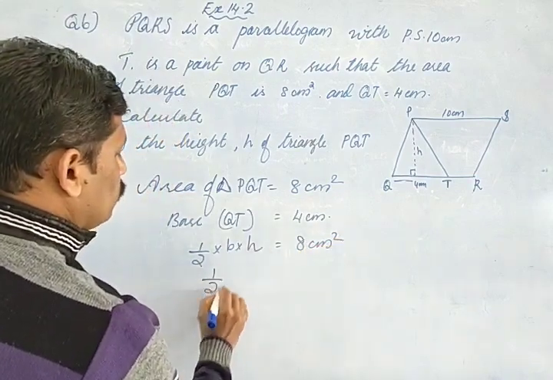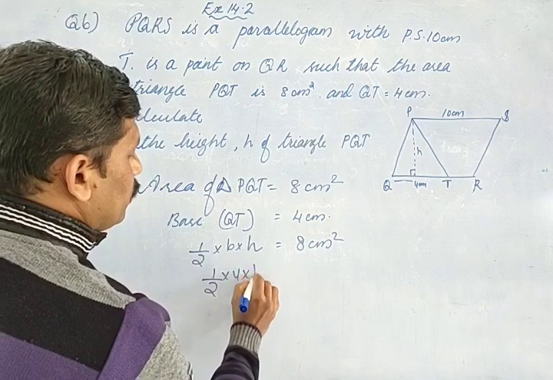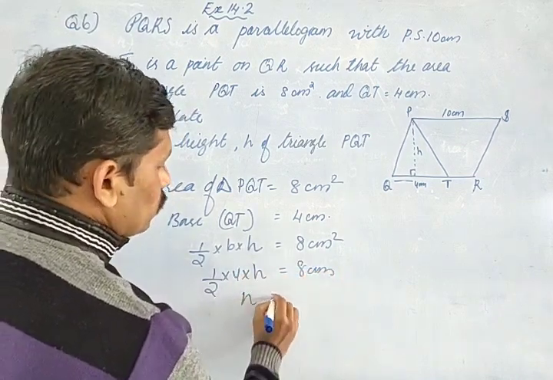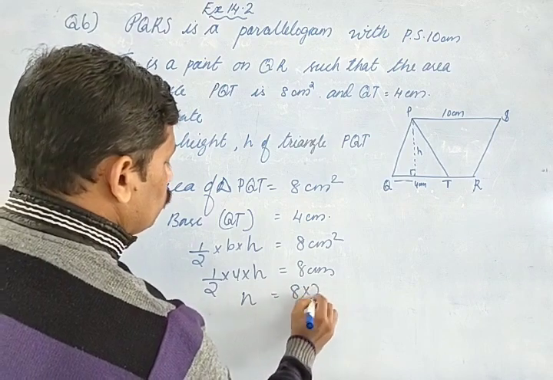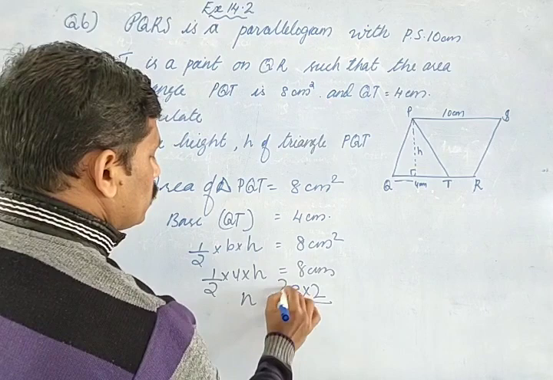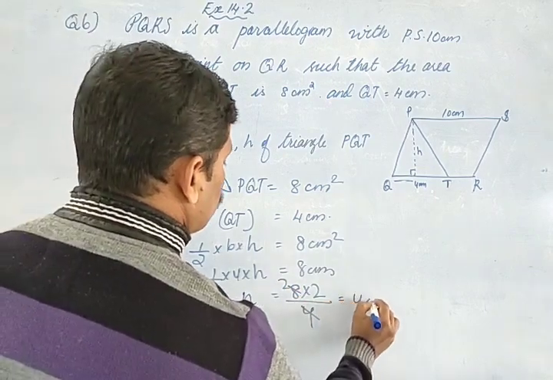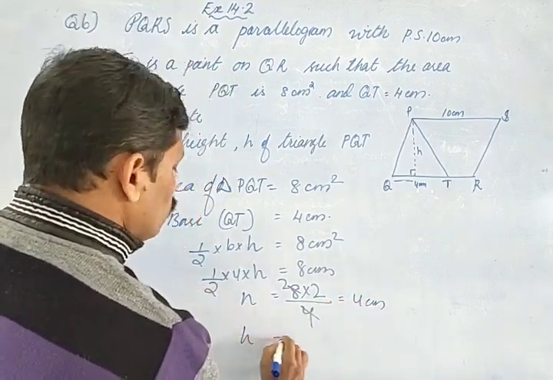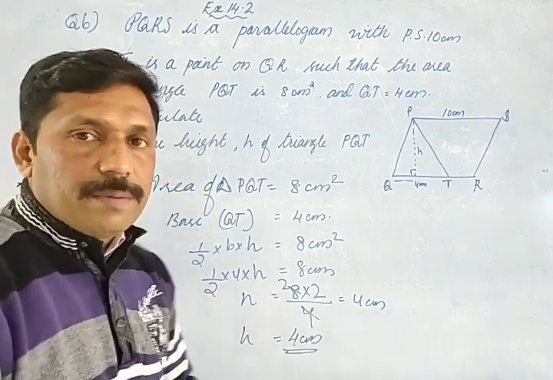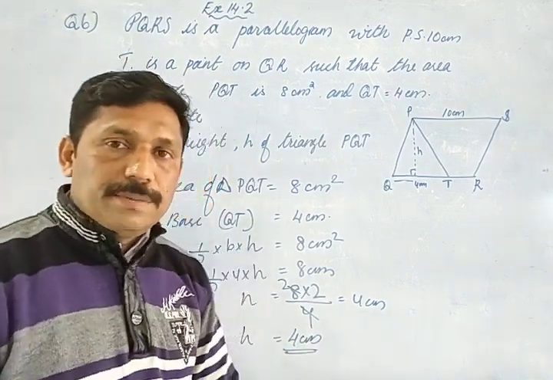Half into base, 4 centimeter, and height we don't know, that is equal to 8. Therefore, height is equal to 8 into 2 upon 4. Then we cut, 4 twos are 8. That means height is equal to 4 centimeter.